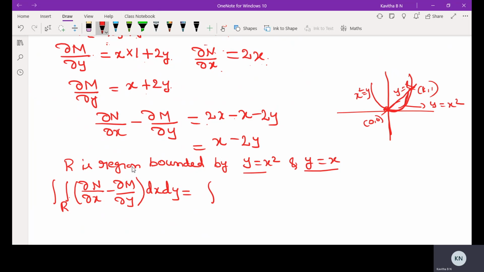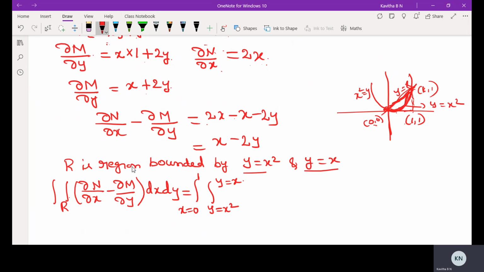Okay, y we have to write in variable form. Y is equal to x square, and the curve goes this way and again comes this way. Then this line represents y is equal to x. Then x varies from 0 to 1.